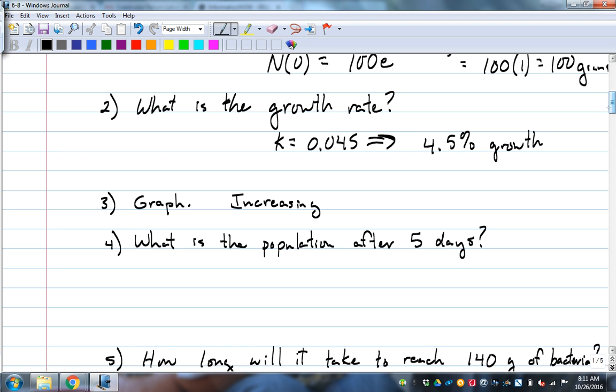Now, what's the population after 5 days? Our initial formula is N of t equals 100 e to the 0.045t. After 5 days, well, it must mean that t is in days here. So we're going to find N of 5. That's all we're doing.